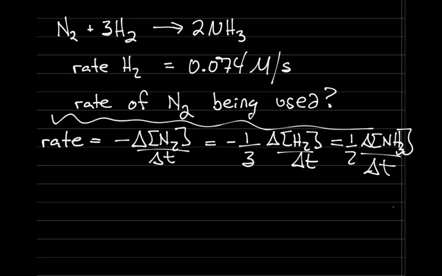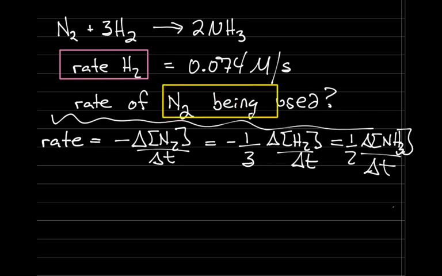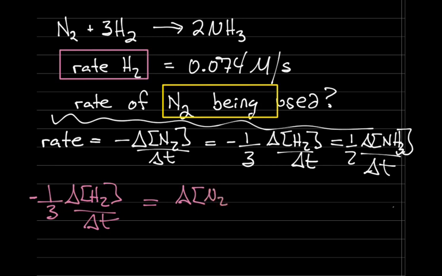We know the rate of H2, and we're interested in the rate of N2. So negative 1/3 change in concentration of H2 over change in time equals change in concentration of N2 over change in time.